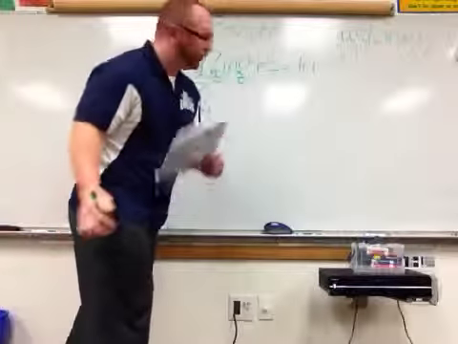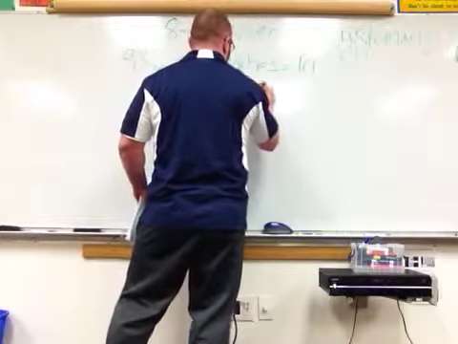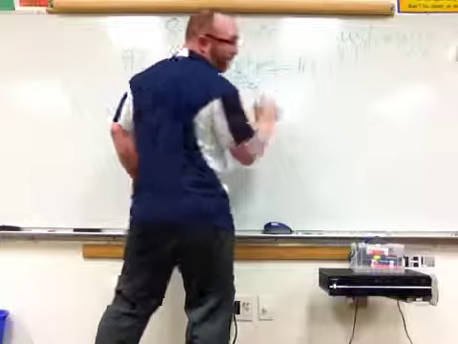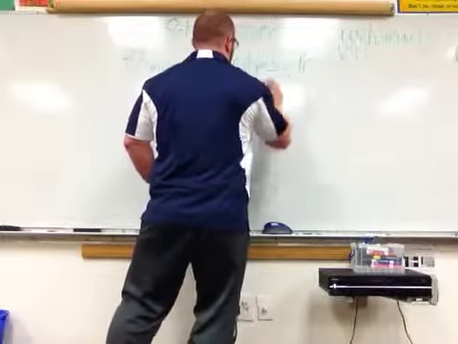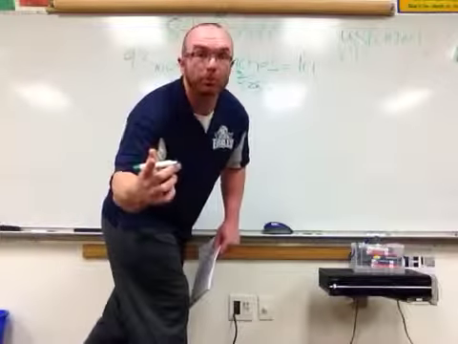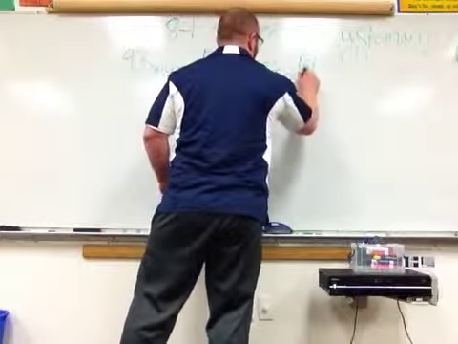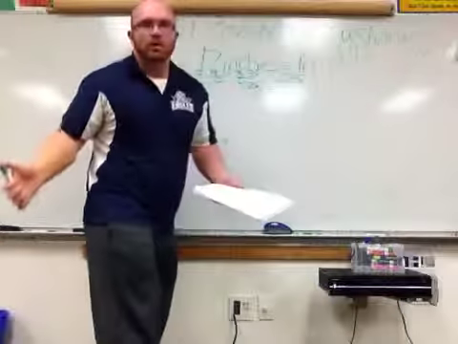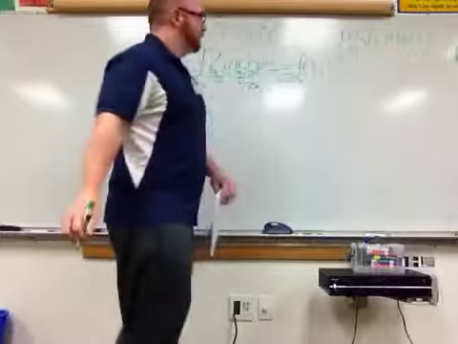What's 3/4? Well, we know that 4 times 25 equals 100. Whatever we do to the denominator, we do to the numerator. So times 25 is 75. Can't we just put a decimal point here?